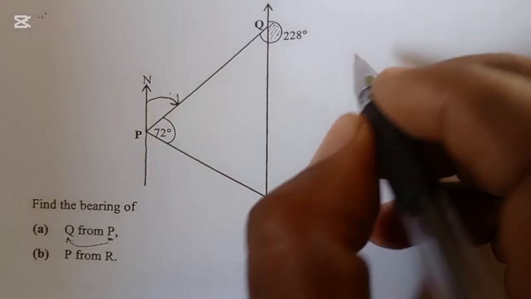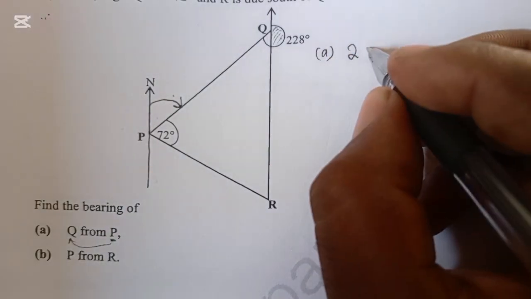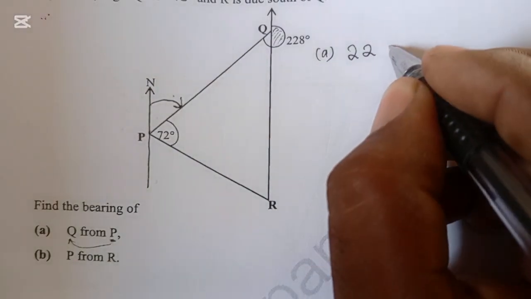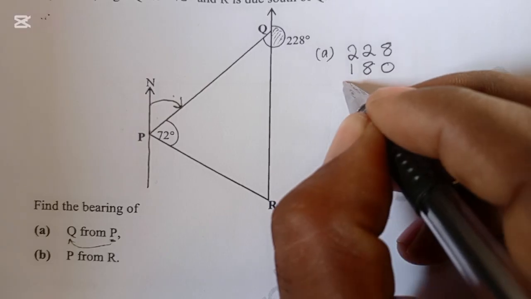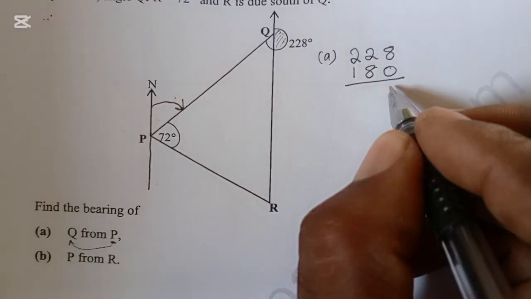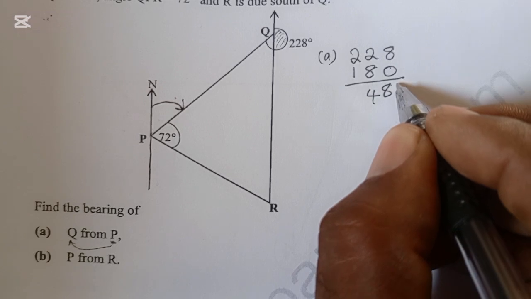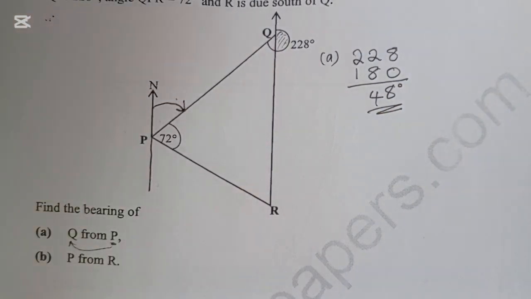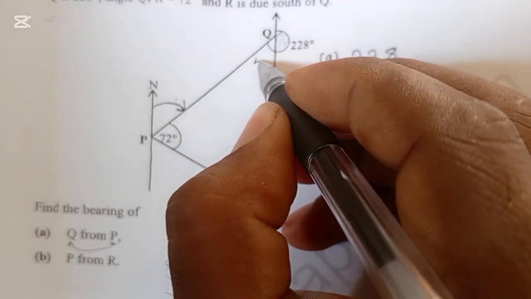So we're going to say 228 minus 180. So we are going to have 48 degrees.